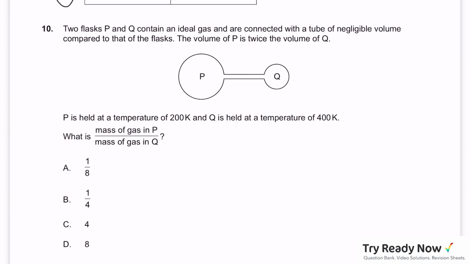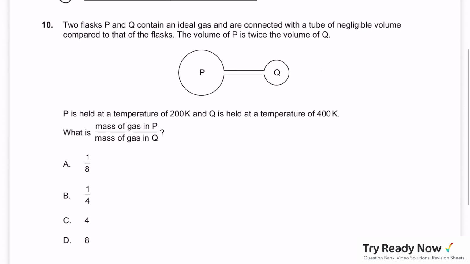So right away, I know that this is a topic 3 question. And what we can do is use the formula PV equals nRT. I know we can use this formula because we're given the volume, we're given the temperature, and we know that n and R are constants. n is the amount of gas in moles, and R is the 8.31 constant.